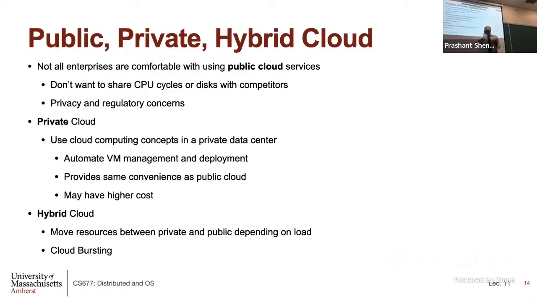So you're essentially using a combination of resources in your private cloud and your public cloud to meet your overall demand. Whenever you exceed your private cloud capacity, you overflow into a public cloud. Whenever your capacity has reduced, you can bring your machines back. So you can essentially migrate machines in and out depending on how much capacity you need.